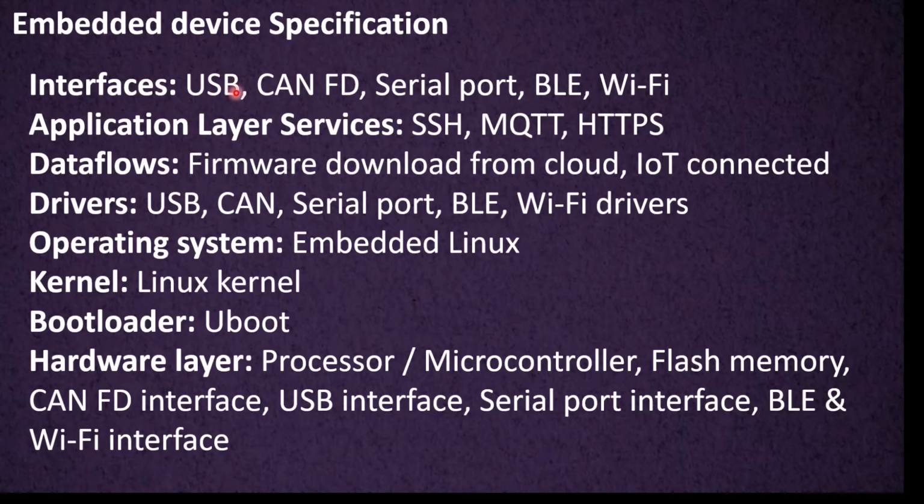Okay, this is the sample device specification. Assume that this device has interfaces like USB, CAN-FD, serial port, Bluetooth and Wi-Fi. The application layer services in this device are the SSH service, MQTT to communicate with the IoT core or IoT server, HTTPS, an embedded web server, and the data flows.